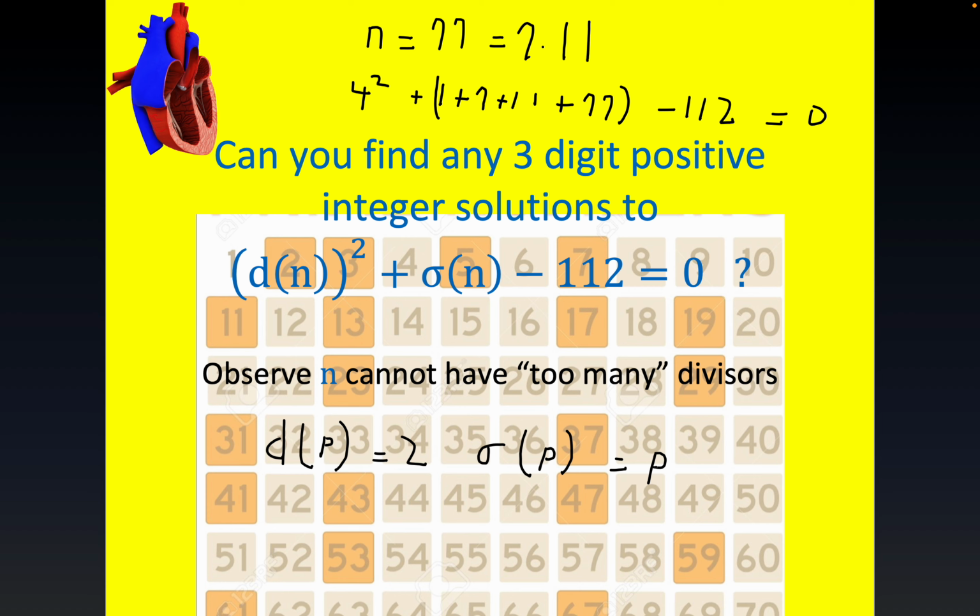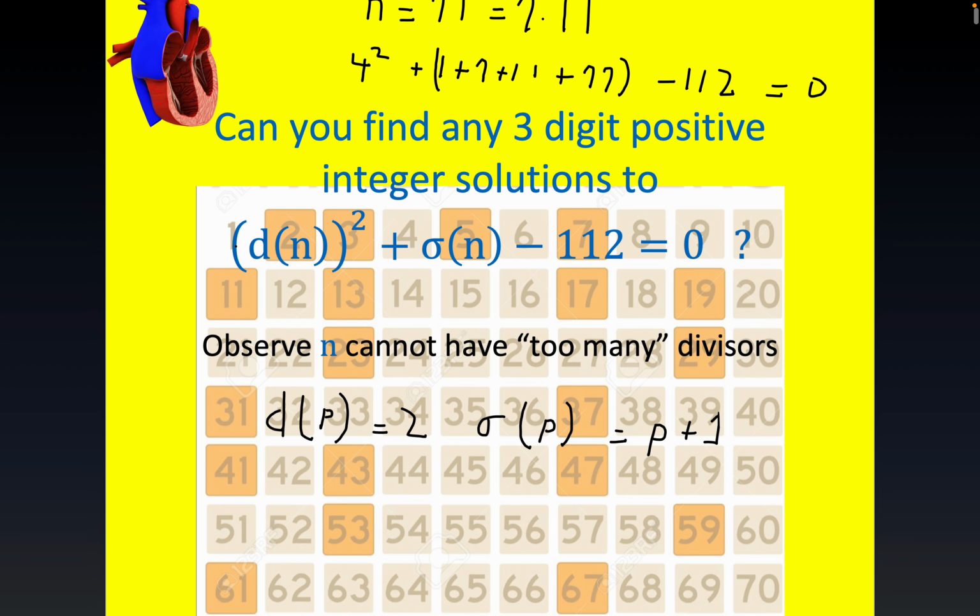And this is about as simple as it gets as far as these two number theoretic functions, the sum of the divisors and the number of the divisors. This reads p plus 1, folks. So that gives us a nice check on this problem here.